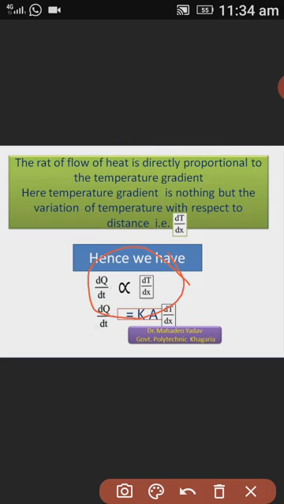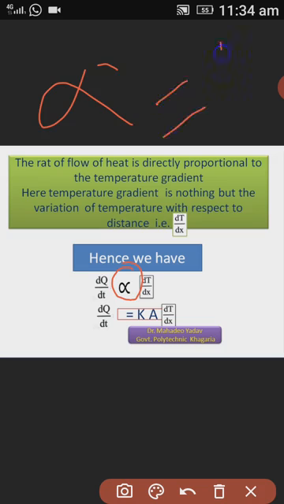Now, the proportion sign may be converted into an equal sign with a constant.